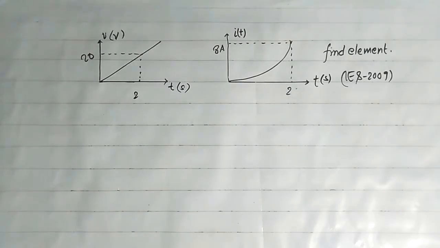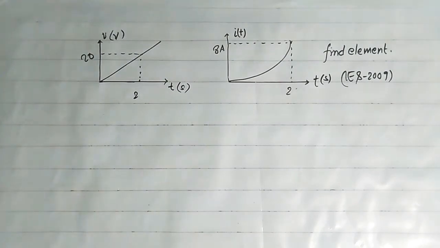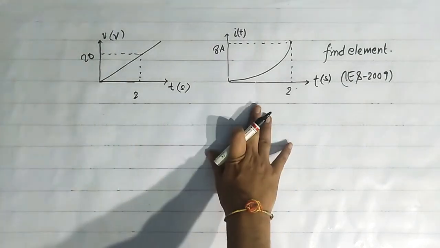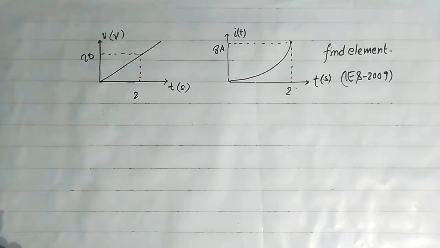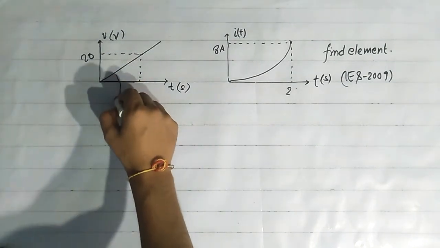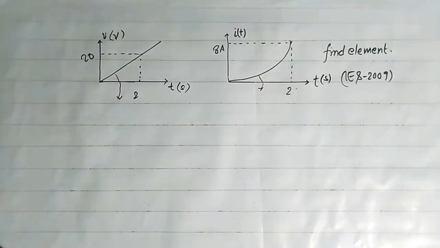Now see this question. In this question, two characteristics are given. One is the voltage characteristic and the second is the current characteristic. And we have to find the element for which these characteristics are drawn. So here we can see that voltage is a straight line and this current is a parabola.